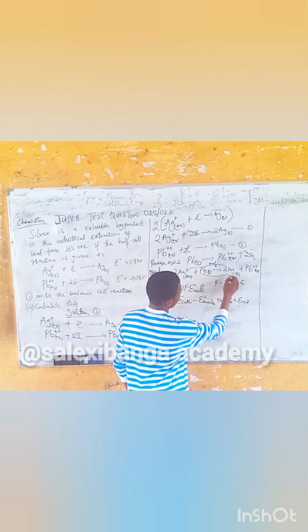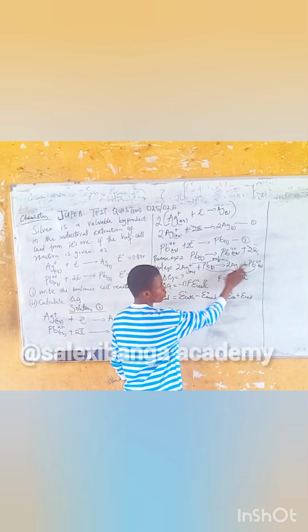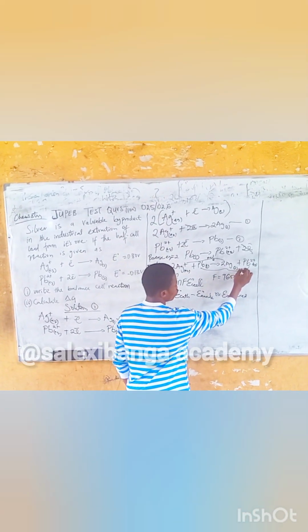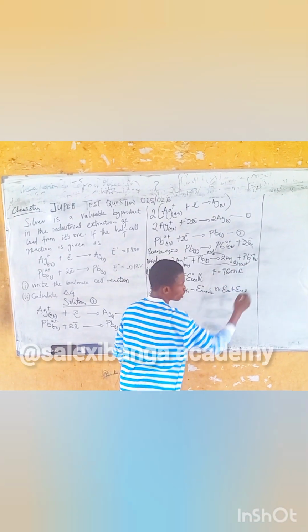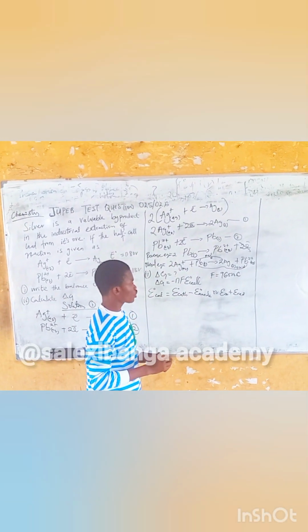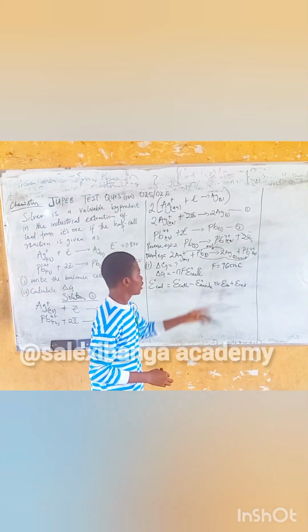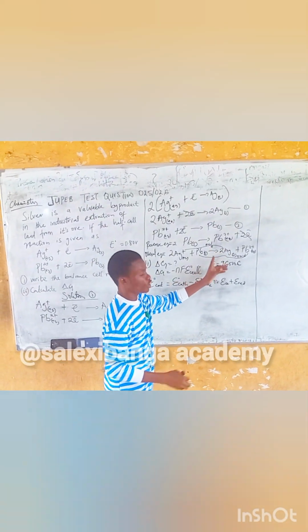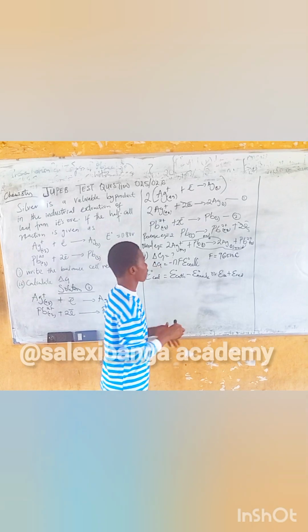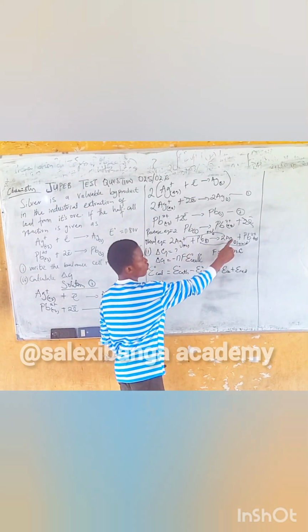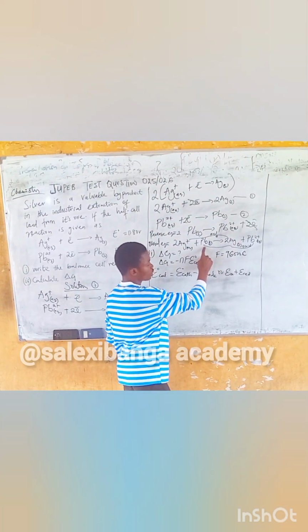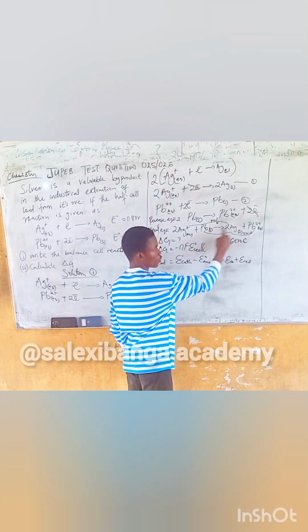And then from 0 back to 2 means oxidation, because it is increasing. We know that oxidation is defined as the increase in oxidation number, whereas reduction is defined as the decrease in oxidation number. So there's a decrease from 2 to 0, and there's an increase from 0 to 2.